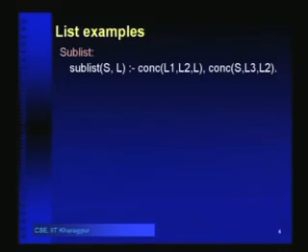So what we are trying to do here is see whether, if it is a sublist, then there is some S, and if we concatenate S with L3 we will get L2, and L2 and L1 will give us L, at one level of nesting.